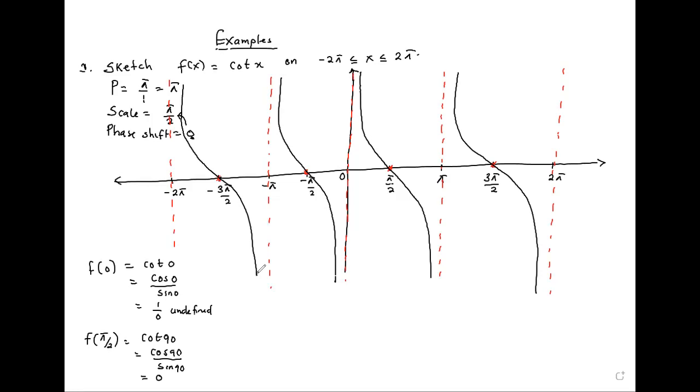So if this question had a +1, if the question was 1 plus cot x, the difference would be that you just remove the 0 here.